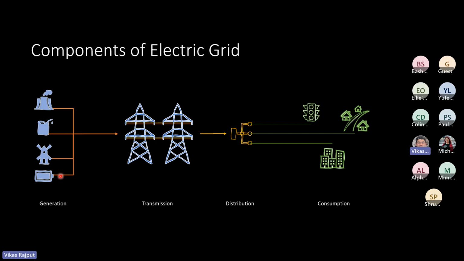Once this is all generated, it predominantly enters the transmission phase. It's not like you generate electricity at one particular power plant somewhere in your neighborhood and it just reaches your house. It doesn't happen like that.